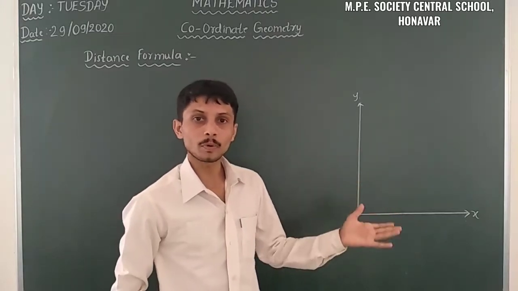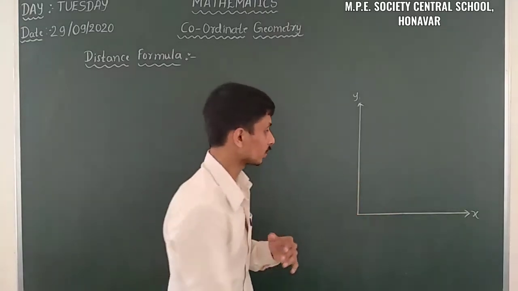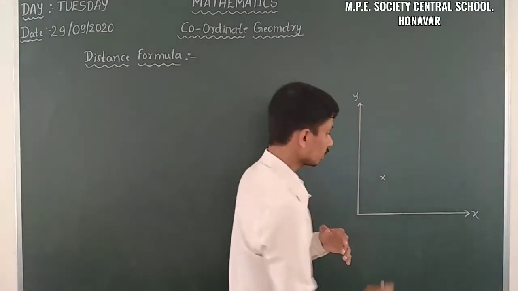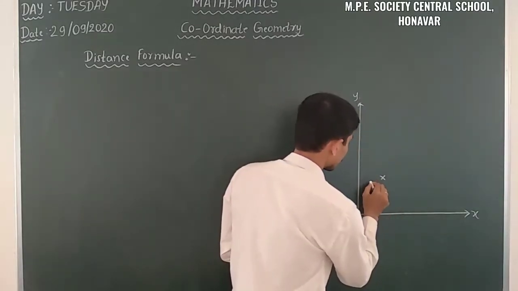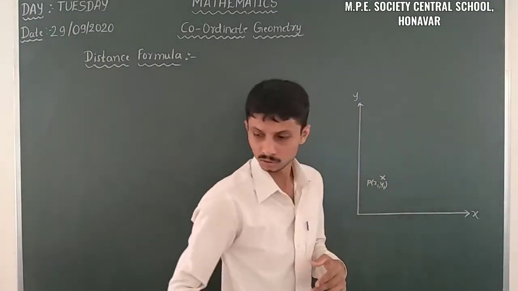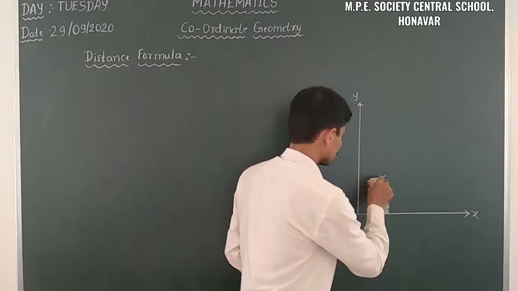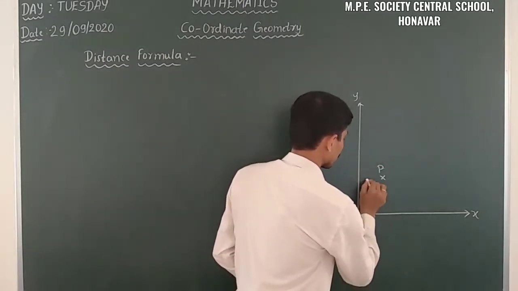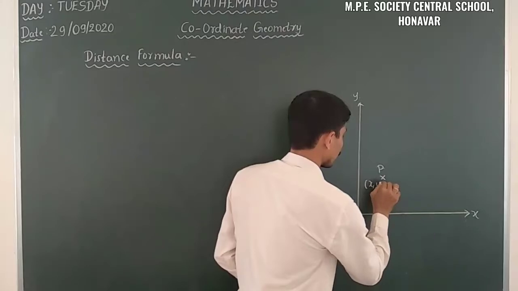Let us take 2 points, x1 y1 and x2 y2. So it is here P of x1 comma y1. I write here, it is point P, x1 comma y1.